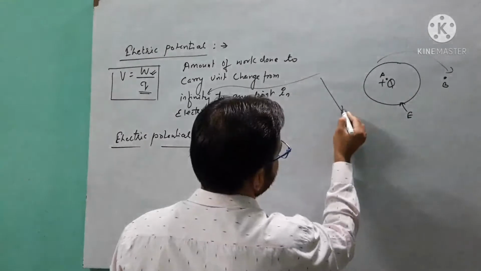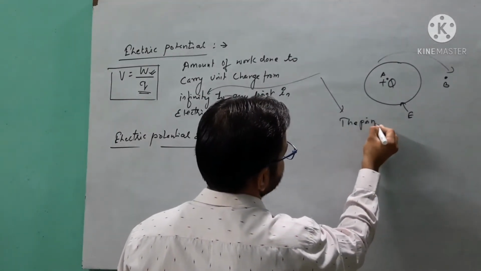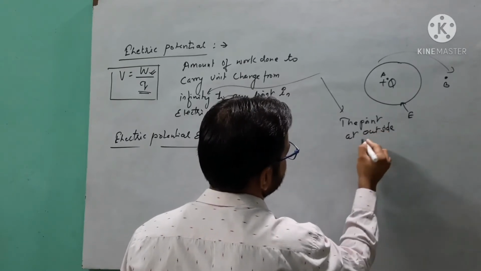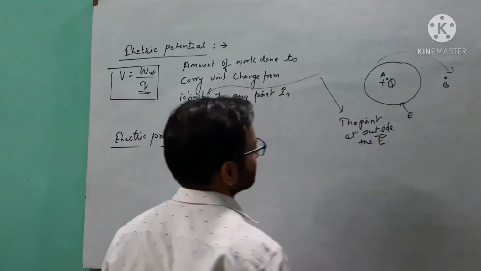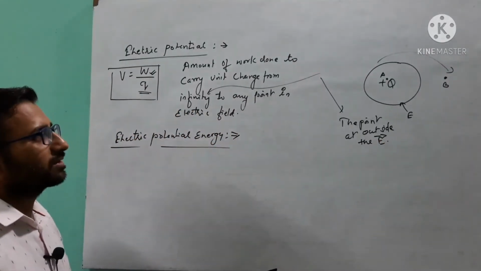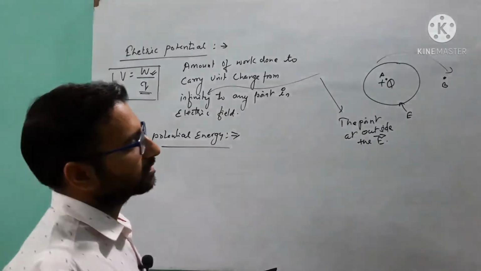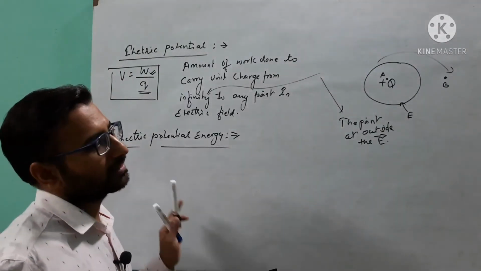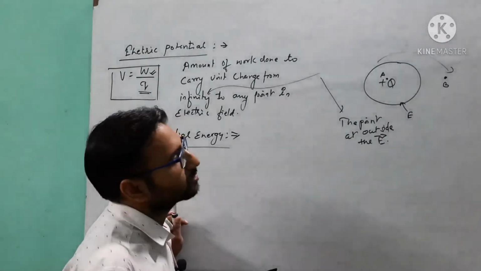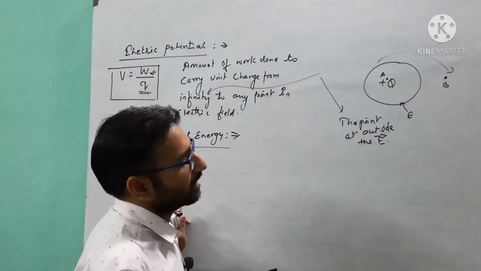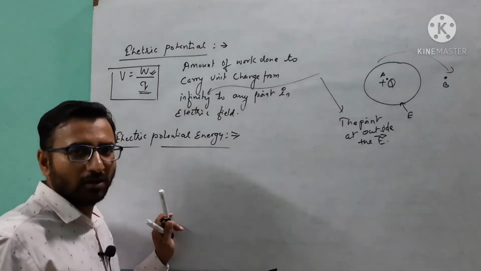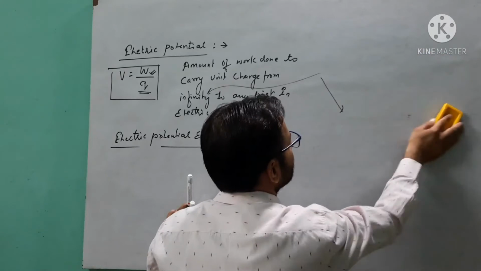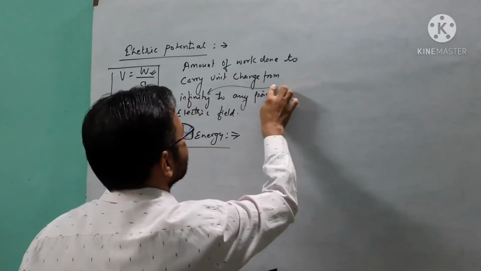Infinity means the point outside the electric field, where the influence of the electric field due to the plus q charge is zero. That kind of point is called the infinity point.